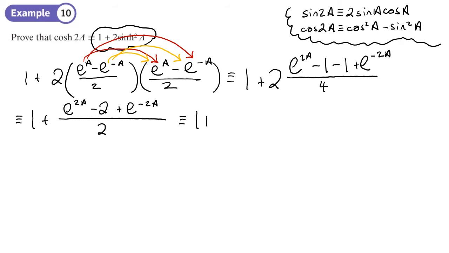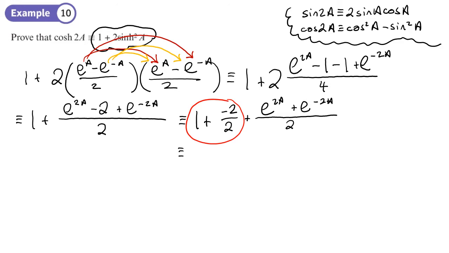So I've got 1 plus, so I can write it as negative 2 over 2 plus (e^(2a) plus e^(-2a)) over 2. So I've just taken that 2 out, and what will happen is that will cancel out because it's basically 1 minus 1. So I'm left with (e^(2a) plus e^(-2a)) over 2.